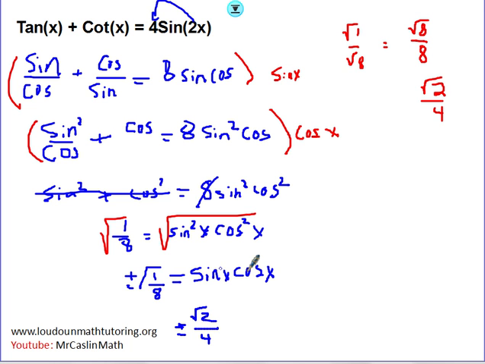Now, what can we do with this over here? Well, doesn't this look similar to double angle formula? What if we multiplied both sides by 2. Okay, we'll use this step as the simplification.